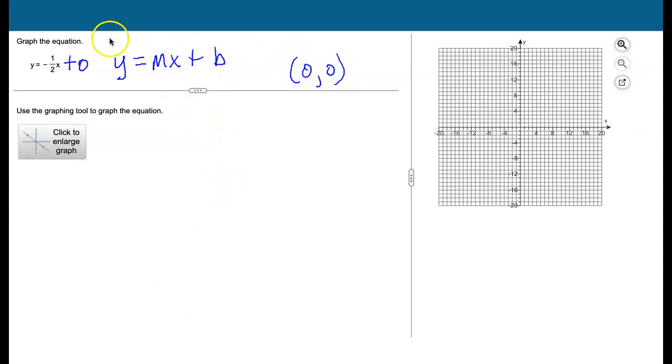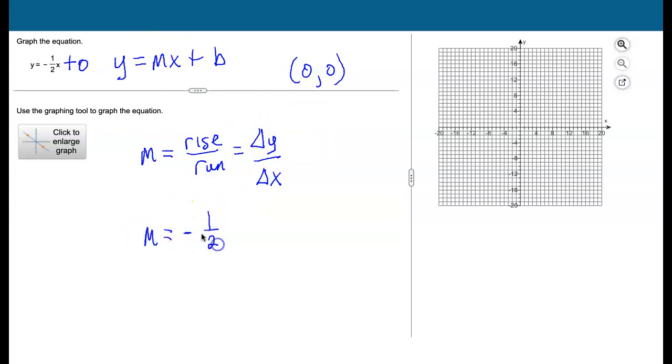Okay. Now, the next thing here is interpreting the slope. We know slope is rise over run, or put another way, it's the change in the y values over the change in the x values. Okay. And so in this case, if we have a slope of -1/2, we can interpret that as either a -1 divided by 2 or as a 1 divided by -2.